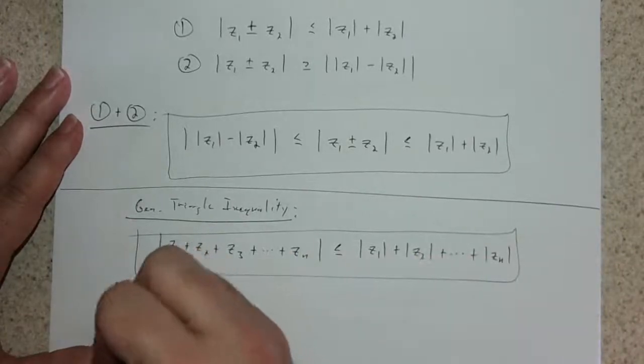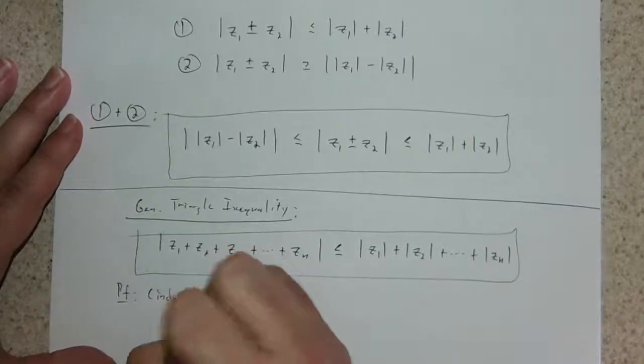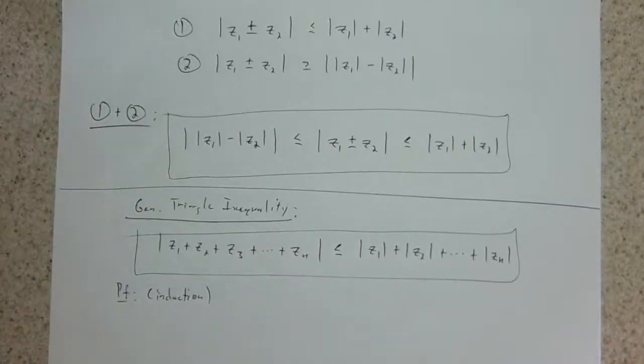And so the proof is induction. As I said, base case n equals 2 is the triangle inequality itself, so that's true. And then the inductive step itself just requires a single application of the triangle inequality. So you're good to go.